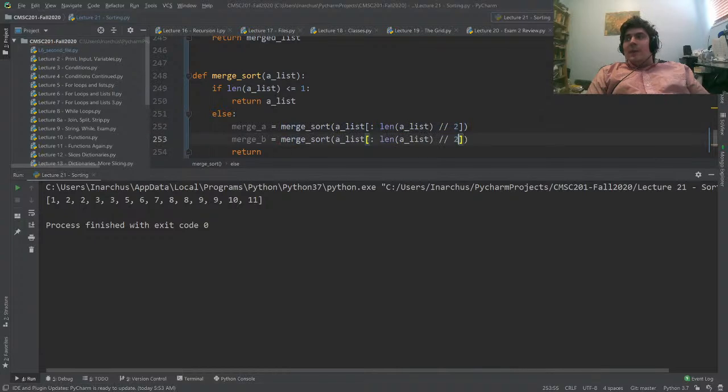And then what you do is you basically take two different slices. There's your slices. All right, we divide the list in half.